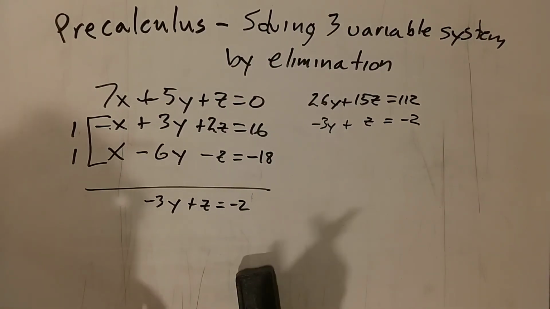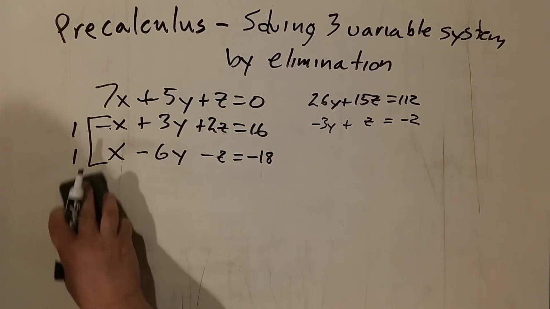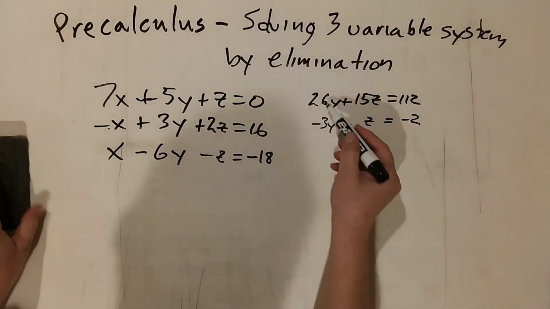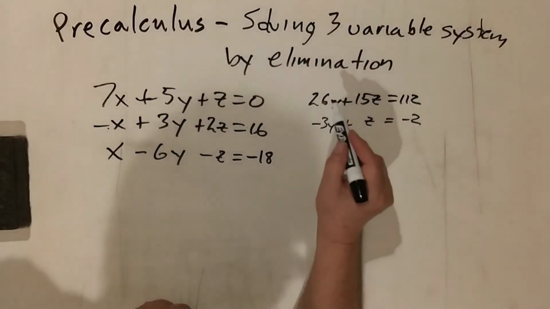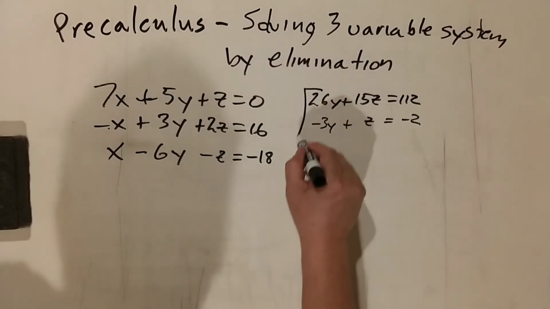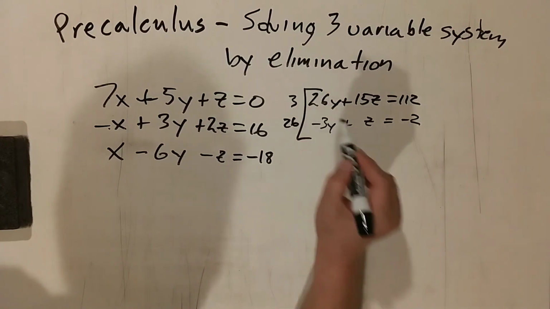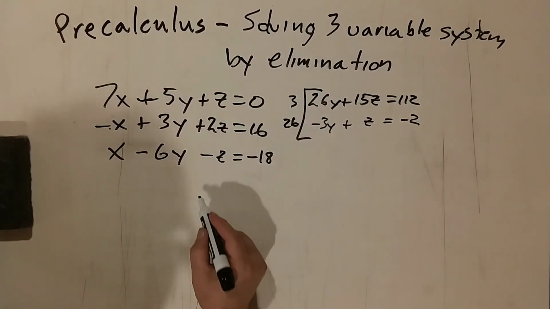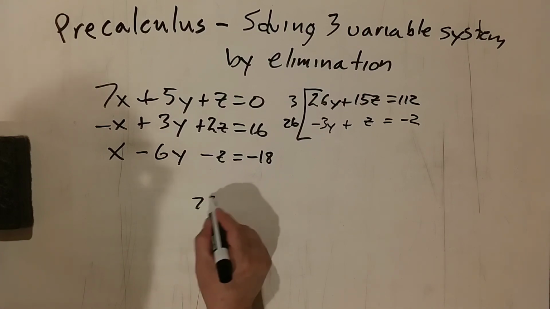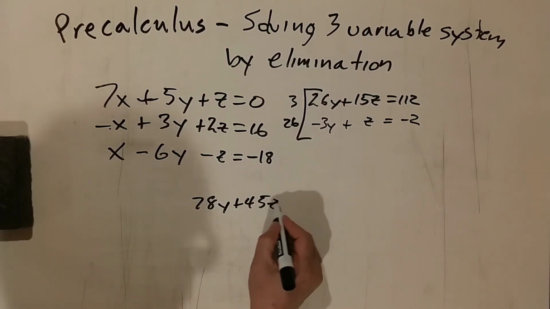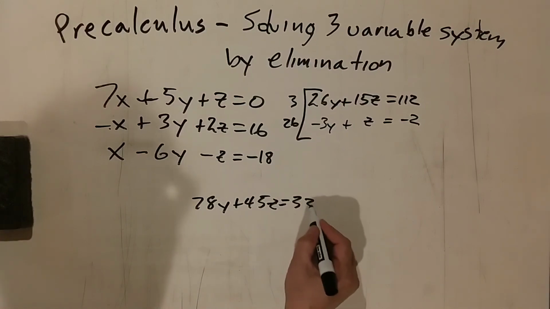Now I have a system that's two equations with two variables. So now we will use these numbers, reverse them, 3 and 26. And I get 78y plus 45z equals 336.